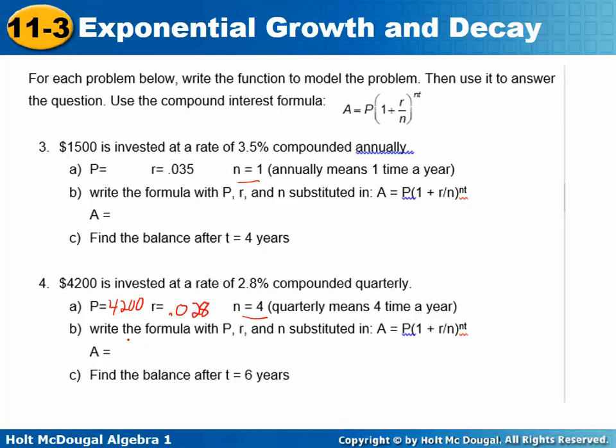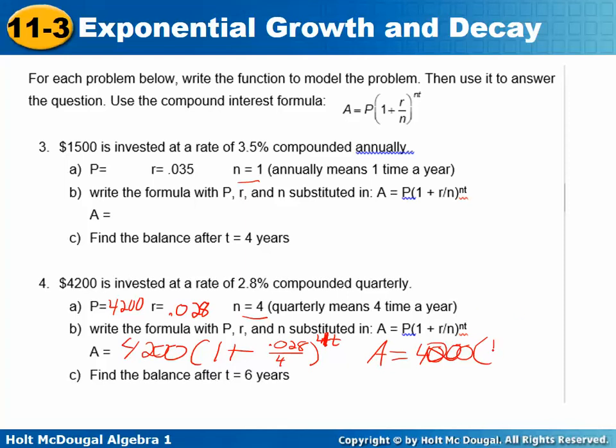And now we write our equation, our formula. So P is the 4,200 times 1 plus R, 0.028, divided by n, which is 4, to the n, 4, we know n is 4, t. Now we simplify this. We simplify what's in the parentheses. Okay, so 0.028 divided by 4 is 0.007.